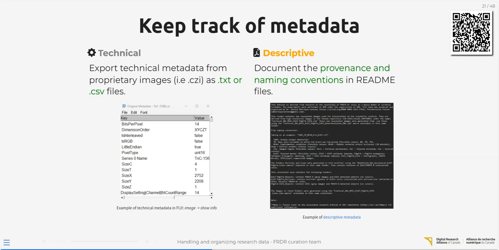On the other side, descriptive metadata provides the story behind the data, explaining the provenance, the experimental context, and the naming conventions used in your dataset. Both types of metadata are essential to make sure your images can be properly interpreted, reused, and cited in the future.